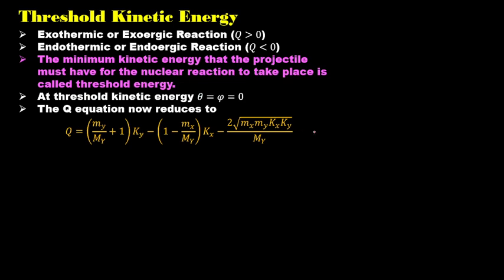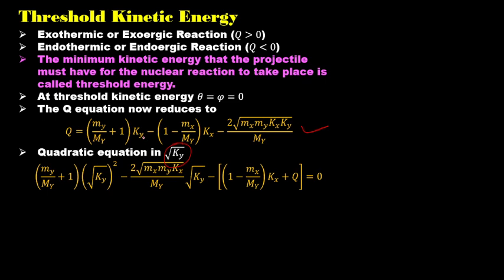Cos theta with theta equal to 0 becomes 1, and we can treat this equation as a quadratic equation in the square root of Ky. We write Ky as the square of the square root of Ky, and then we take the square root of Ky outside and write it separately.